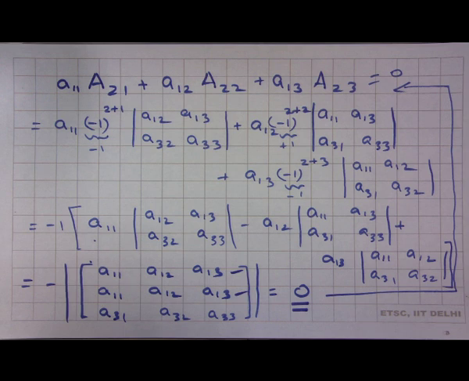So, this is an interesting property. If you take the sum of the product of entries of a row and their own cofactors, that is the determinant. But if you replace their own cofactors with the cofactors of a different row, then that sums to 0, and that can be shown using this property. All right. So, that is this.